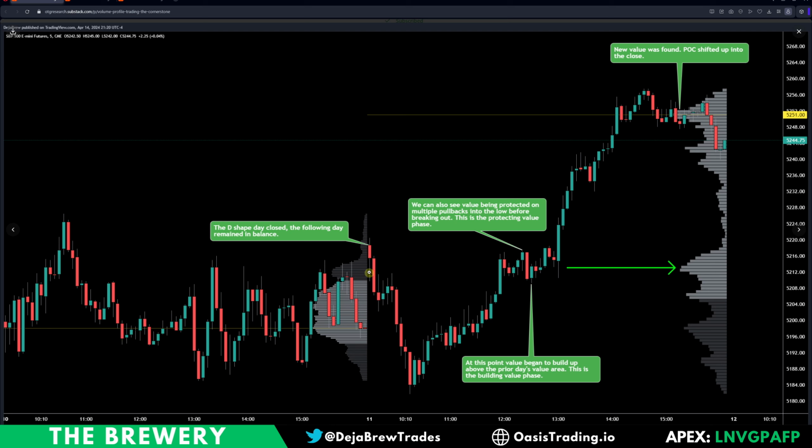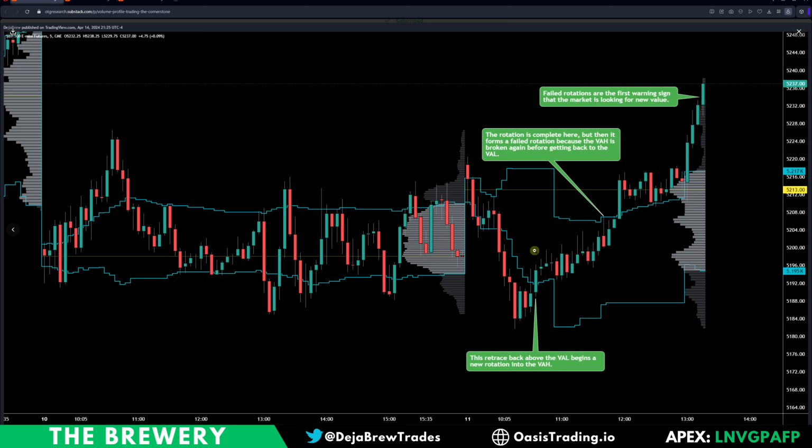Typically, you'd want to put your stop loss probably below that previous value level that you were using for that node. So the previous value level in this case would be that value area high right there, which would be basically where the bottoms are here. So you'd want to put your stop below that and then look for a break of balance into those highs.